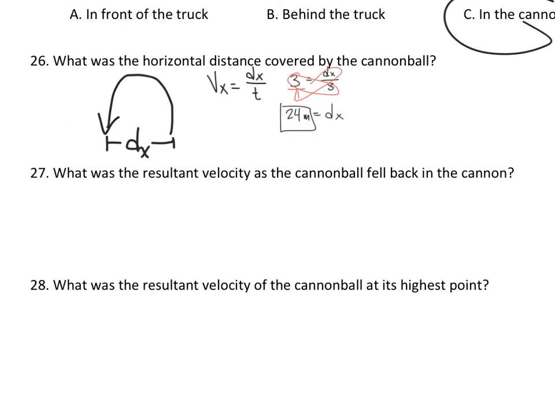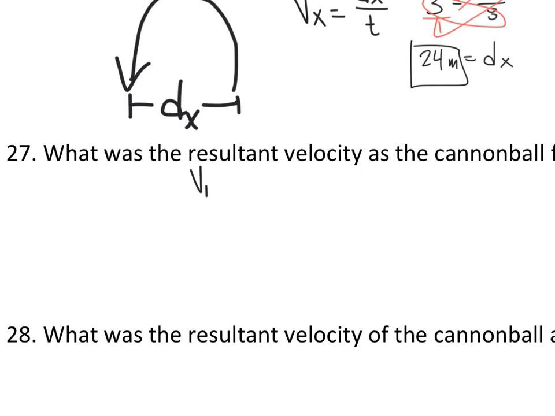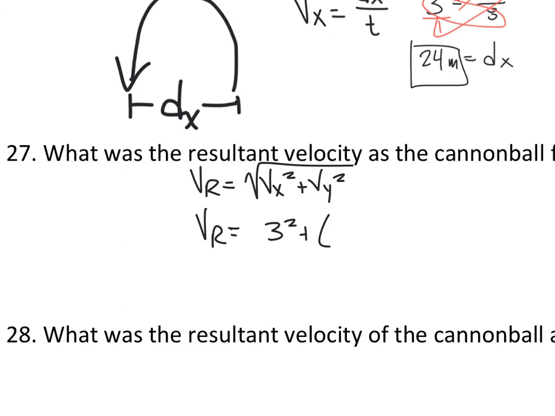Okay, so the equation for my resultant velocity is VR equals the square root of Vx squared plus Vy squared. So my horizontal velocity, we said, stays constant. So that is 3 squared plus my vertical velocity, which was 39.2 on the way up. So on the way down, it's a negative 39.2 squared, all under the square root.